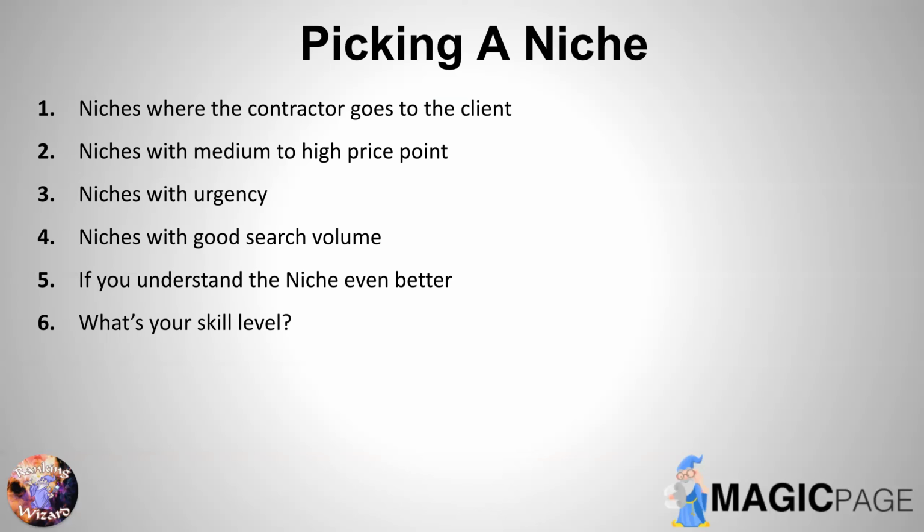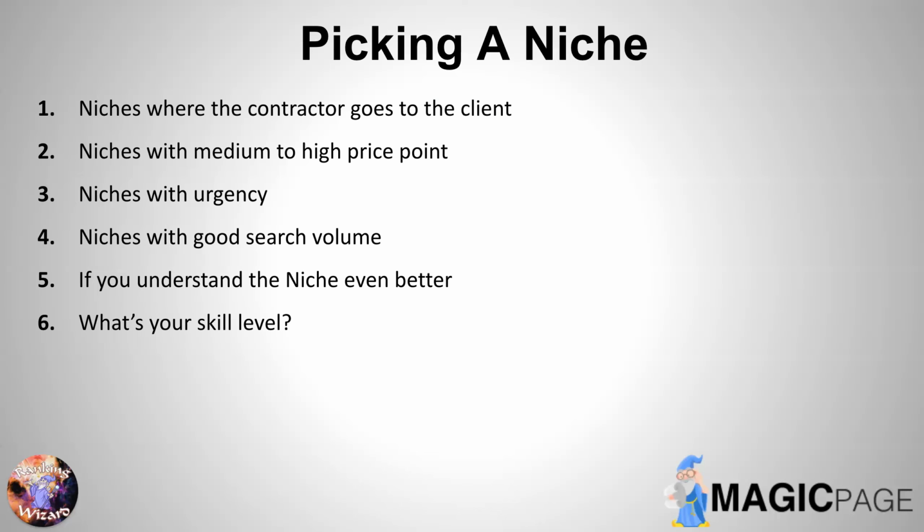Whereas if you've got a roofer, a plumber, and all that, then they're going to have a higher price point. The only way you could swap that around is if they have a lower price point, but lots and lots of leads, so there's thousands of people searching for them. That way you could actually make it pay once you get on page one. But most times you want to be looking at niches which have a medium to high price point.